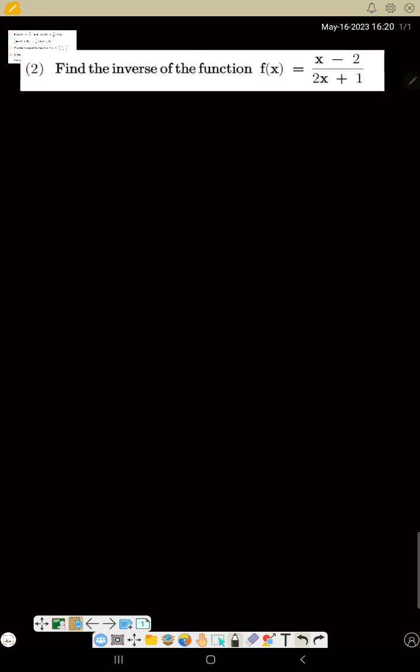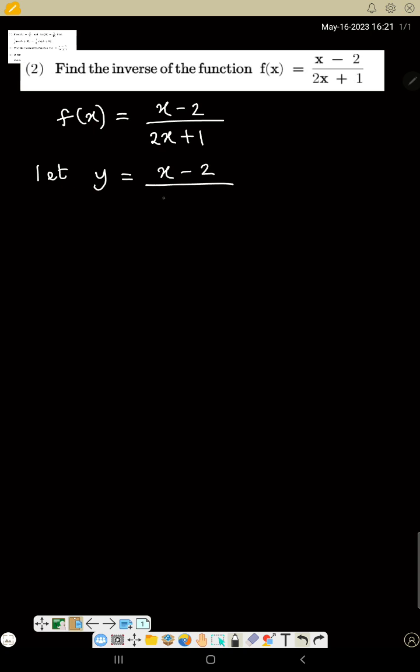So second question. Find the inverse of the function. We have f of s is equals to s minus 2 divided by 2s plus 1. So to find the inverse of this function, let y be equals to s minus 2 divided by 2s plus 1.